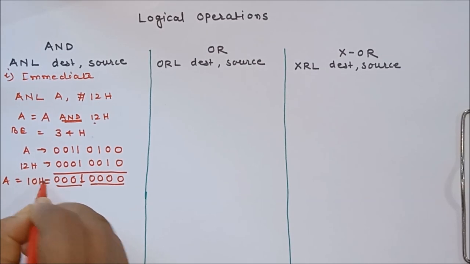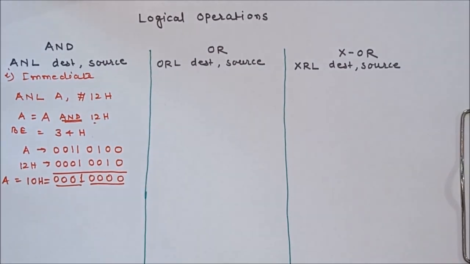So 10H is the result of bit by bit ANDing of these two numbers. So this is the AND operation for immediate addressing mode.